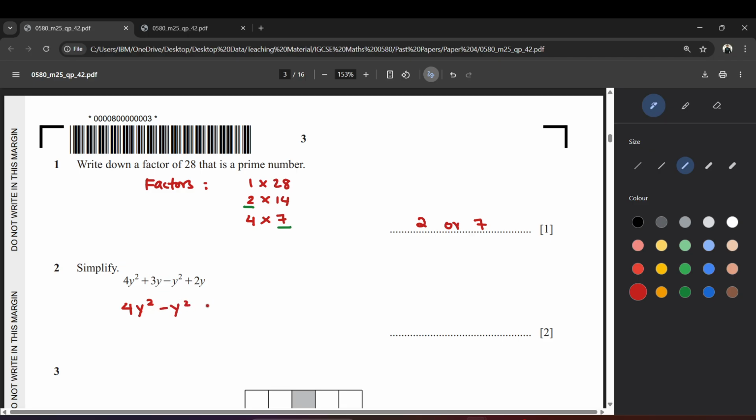After that we can write plus 3y and next to it plus 2y. Now we have collected like terms together. Okay, so now we can simplify them. 4y squared minus y squared will be 3y squared, plus 3y plus 2y will be 5y. So that's your answer.